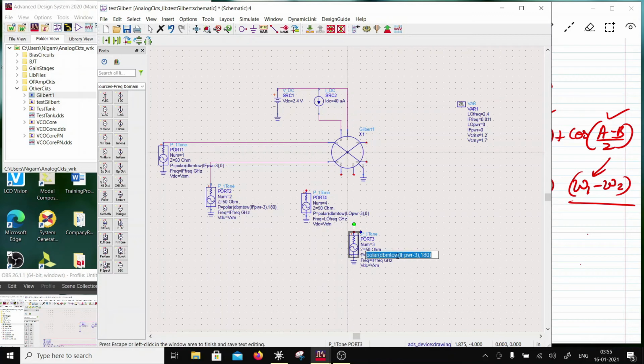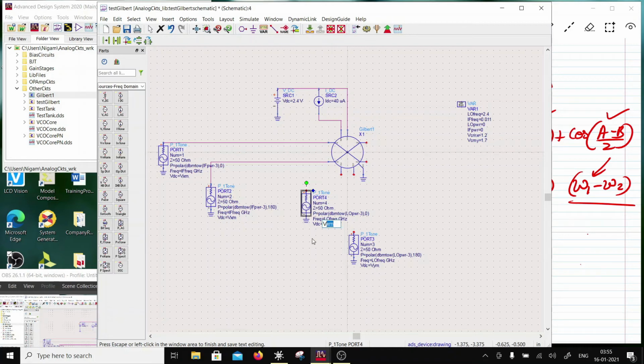Similarly over here it will be LO power and LO frequency, and this is going to be VYM, VCMX and VCMY, sorry.